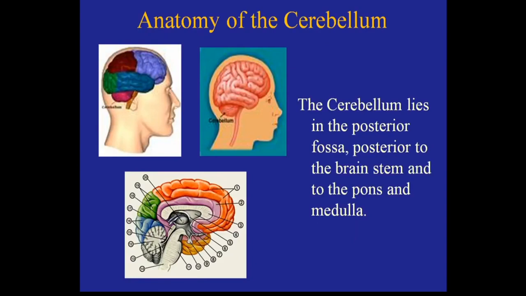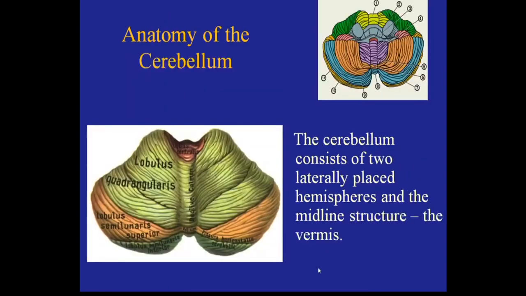I want to revise familiar information about the anatomy of the cerebellum, and some words also about histology. The cerebellum lies in the posterior fossa, posterior to the brain stem and to the pons and medulla. The cerebellum consists of two laterally placed hemispheres and the midline structure, the vermis.